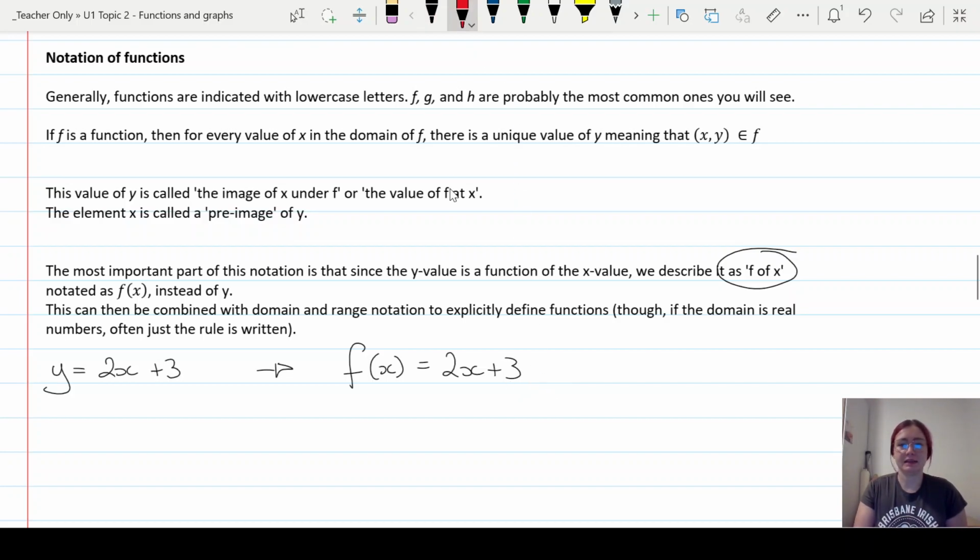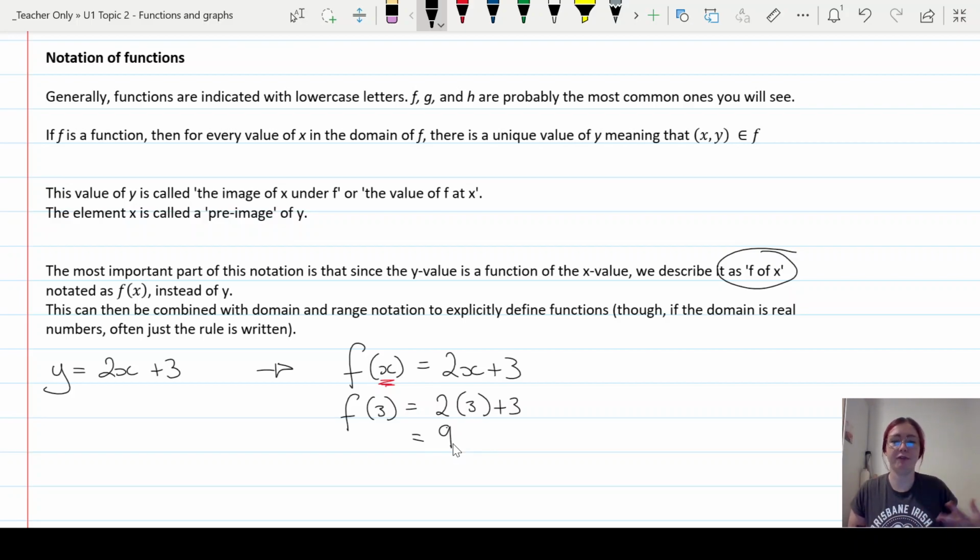Now that x sitting there, the x that is the pre-image of y, can be replaced with anything. So if you wanted to know the value of that function when x is 3, we would write that as f of 3 equals 2 times 3 plus 3, which would give us 9.